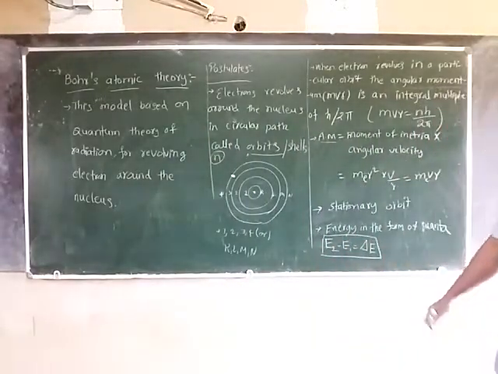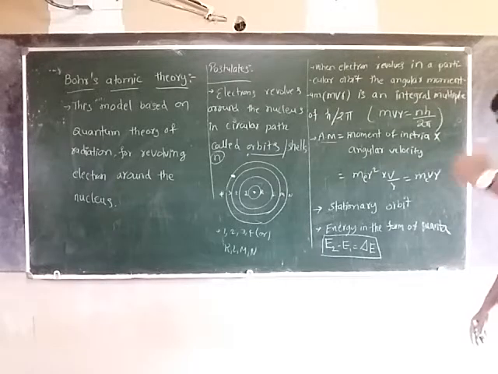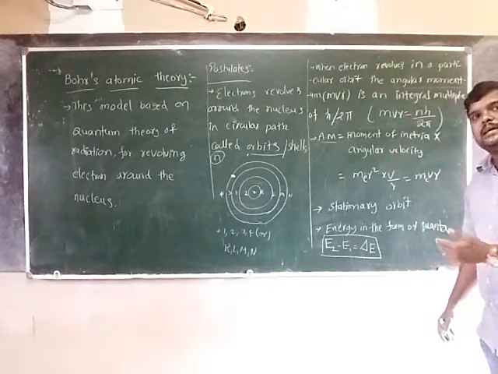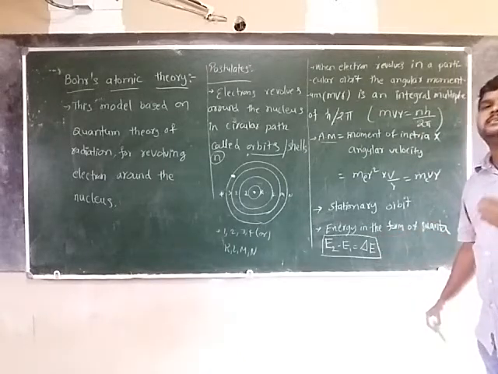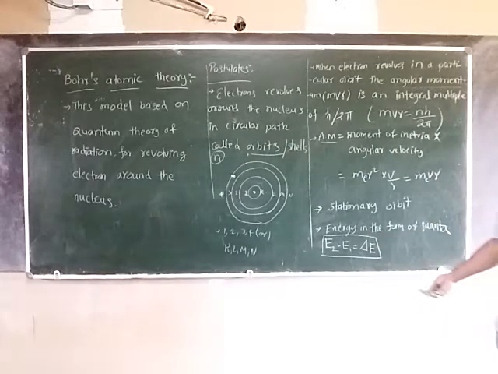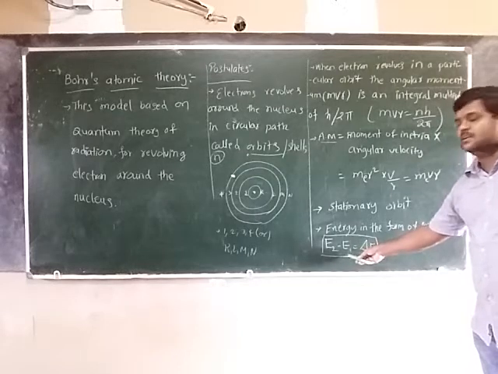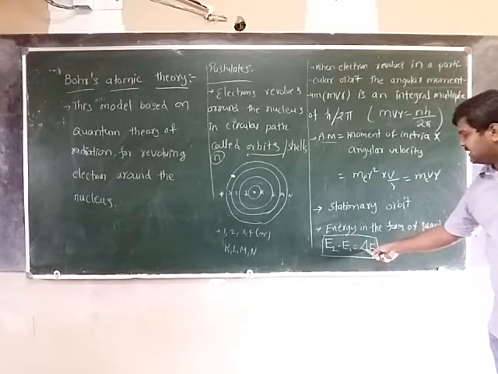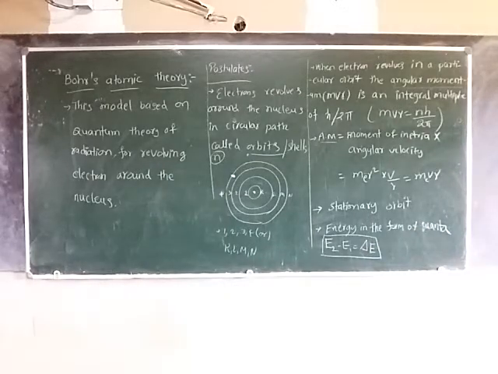So when an electron jumps from lower to higher, it absorbs energy. When an electron jumps from higher to lower, it emits energy. That energy is released in the form of quanta. The change in the energy, that is E2 minus E1, the energy of the electron at the higher orbit minus the energy at the lower orbit, is equal to delta E.